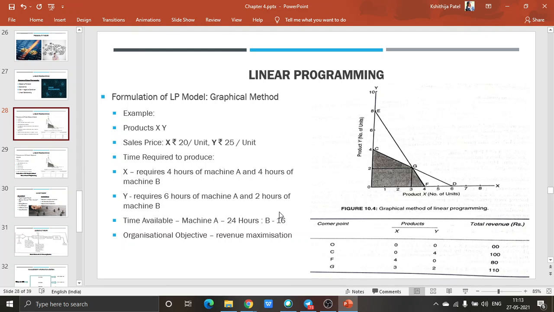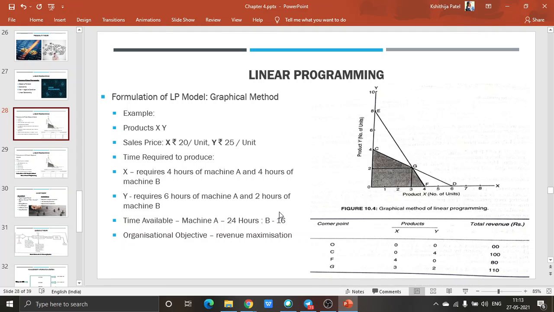Therefore, according to the objective, it is revenue maximization. Now, how can this be maximized? This particular revenue can be maximized when the highest number of product X is sold along with the highest number of Y.